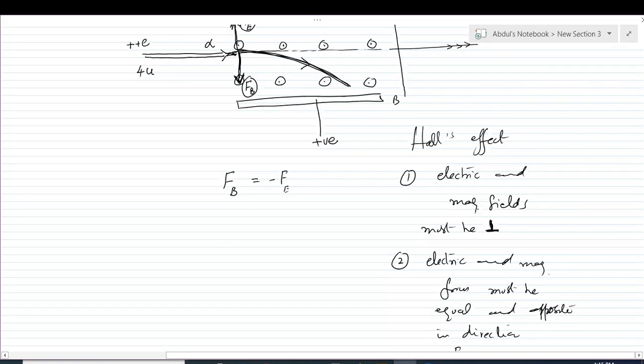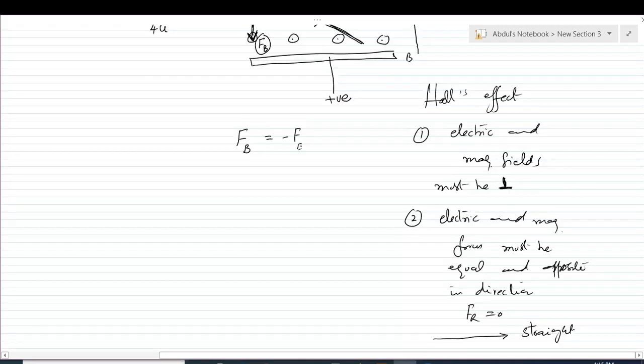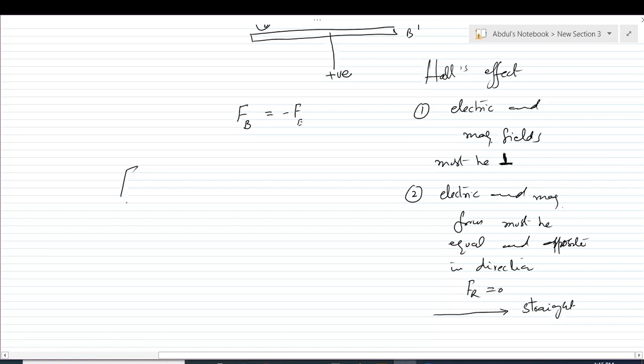So in Hall's effect, there is no deflection due to the electric field or the magnetic field, because the resultant force is zero. Then we can write that the magnetic force and electric force are both equal. The magnetic force is BQV sine theta and the electric force is EQ.